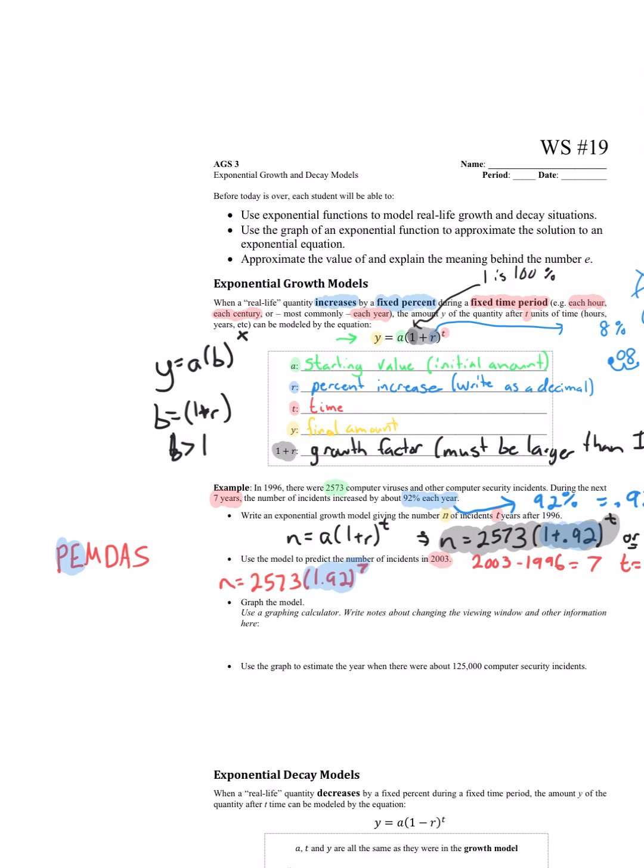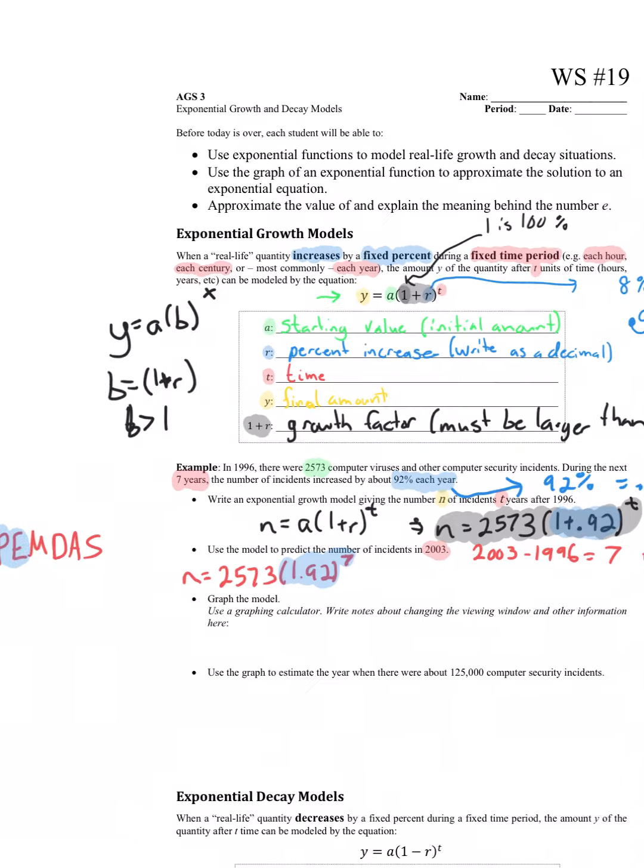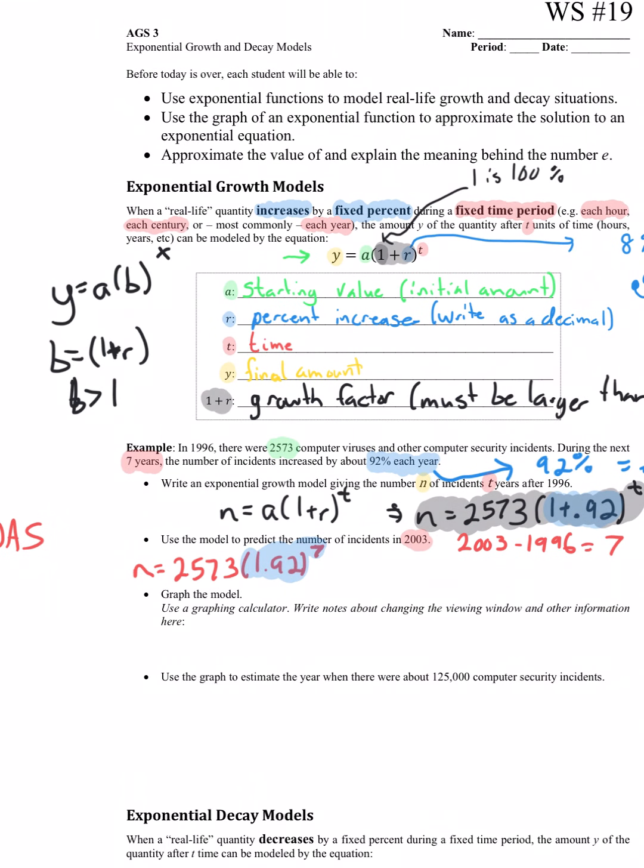A common mistake people make is they do 2,573 times 1.92, and then they try and raise that whole thing to an exponent. So you get a really wrong answer if you do that. What you want to do instead is 1.92 to the 7th power, and then multiply that by 2,573. So follow PEMDAS.